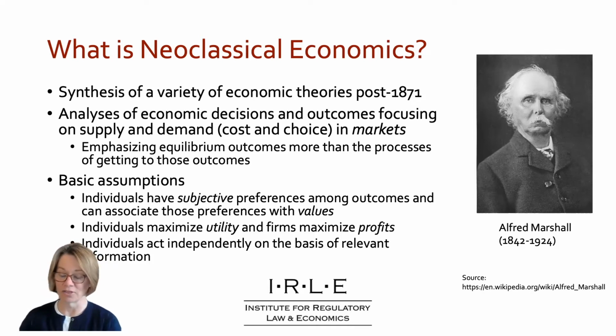And on the flip side, producers also have subjective preferences because they're still individuals. And even when they come together and operate as firms, what is subjective is their opportunity cost, their perception of their opportunity cost, of what they have to give up in order to do the production that they are going to undertake.